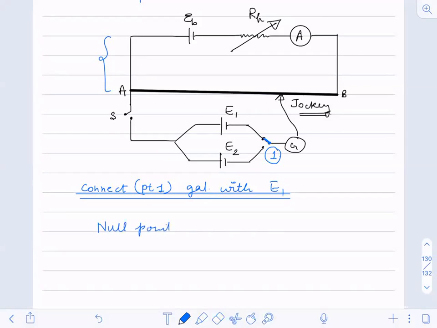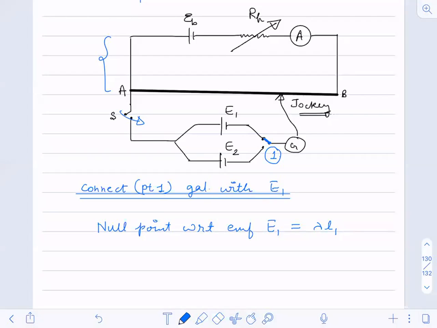Suppose you get a value lambda into L1. Because you have to do the same thing you did in experiment 1. You'll connect this, and this switch will also be connected.